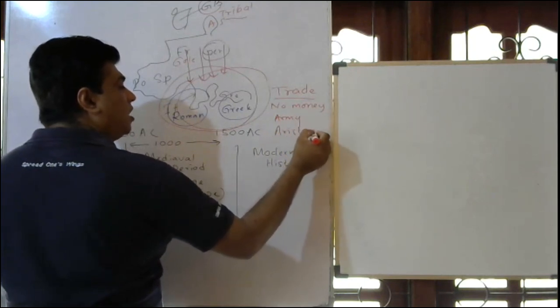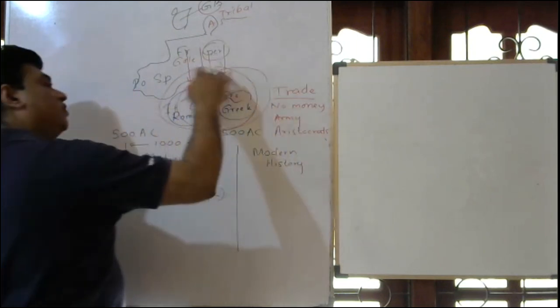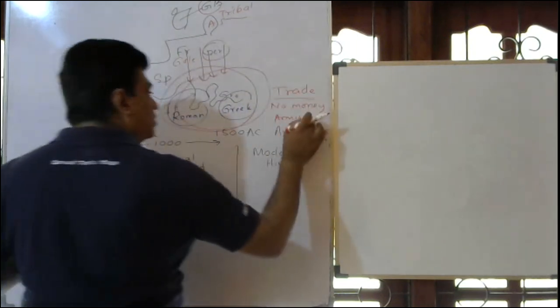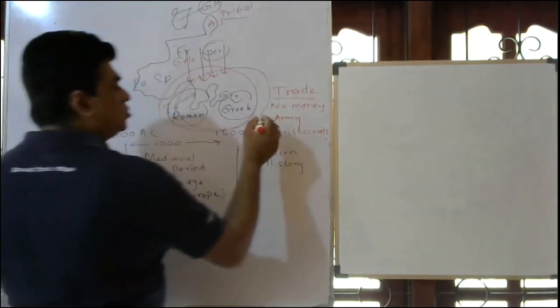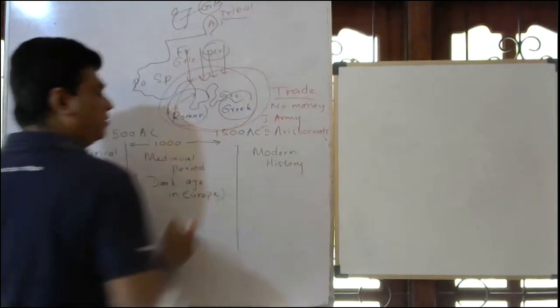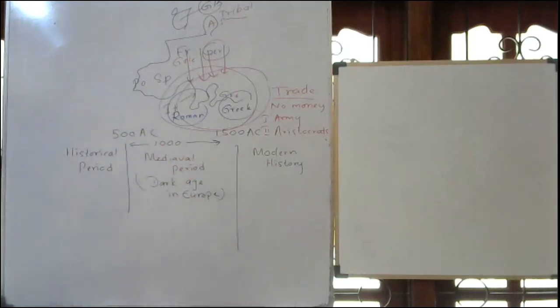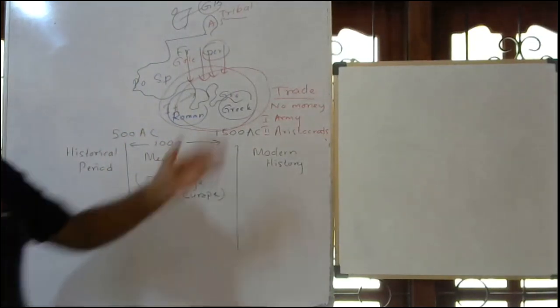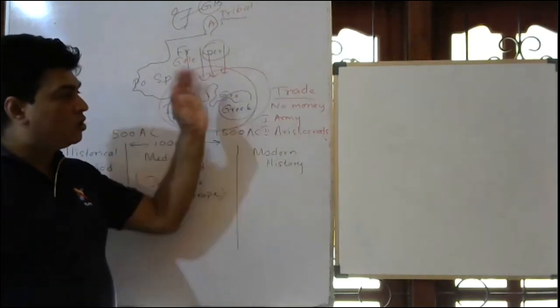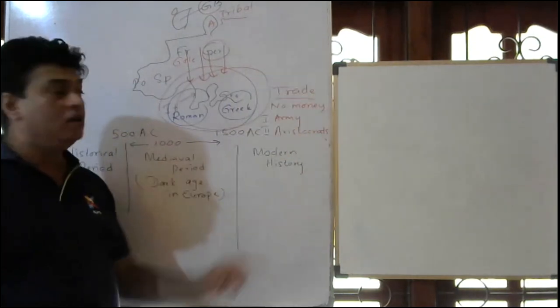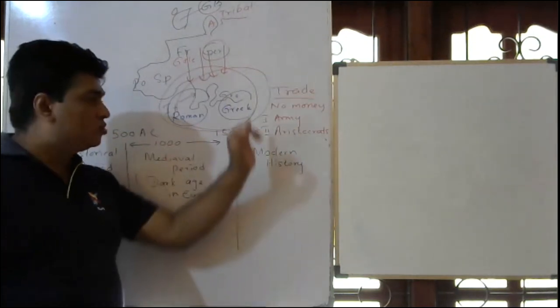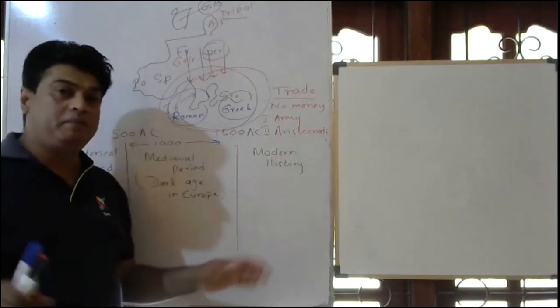Aristocrats were working for the king, and the army was working for the king. To these two groups the king had to pay, using the money earned through trade activities. Because of no trade, there was no money for the king, so the army and the aristocrats could not be paid.